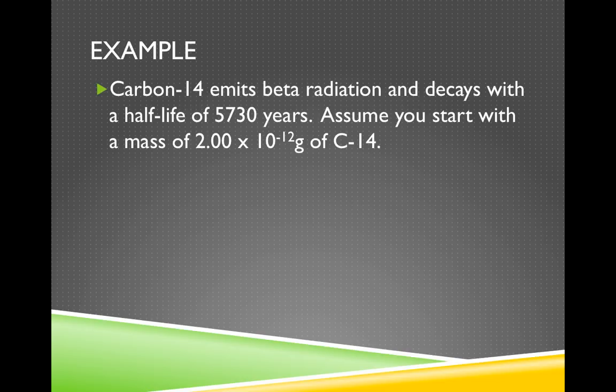If we go another 5,730 years, we're going to have 2.5 grams of it. After another 5,730 years, we're going to have 1.25 grams of it. And you just keep halving your amount for every single half-life that you pass through.